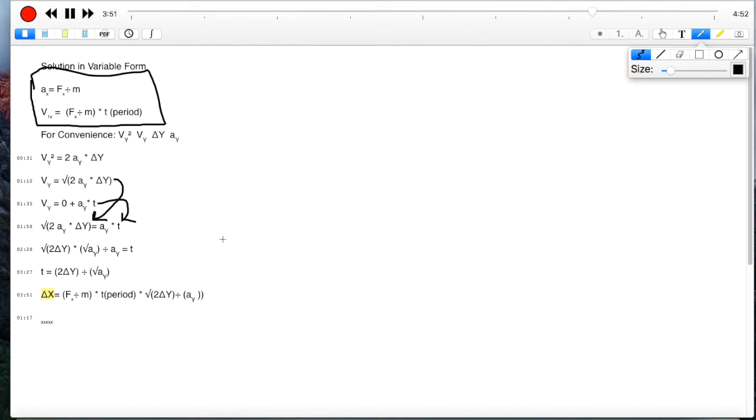Alright, this is very helpful in our final thing here. So now we will have that delta x will be equal to the total force in the x direction divided by m times the time, which we declared earlier is in fact the period, so I'm going to note that again, which will then again be multiplied by the square root of 2 delta y divided by the acceleration in the y direction, and that's all under the square root.